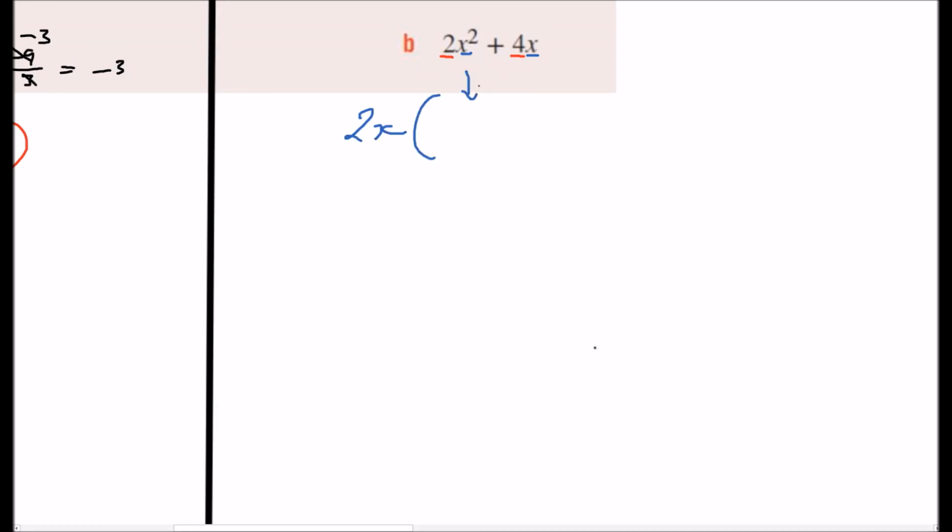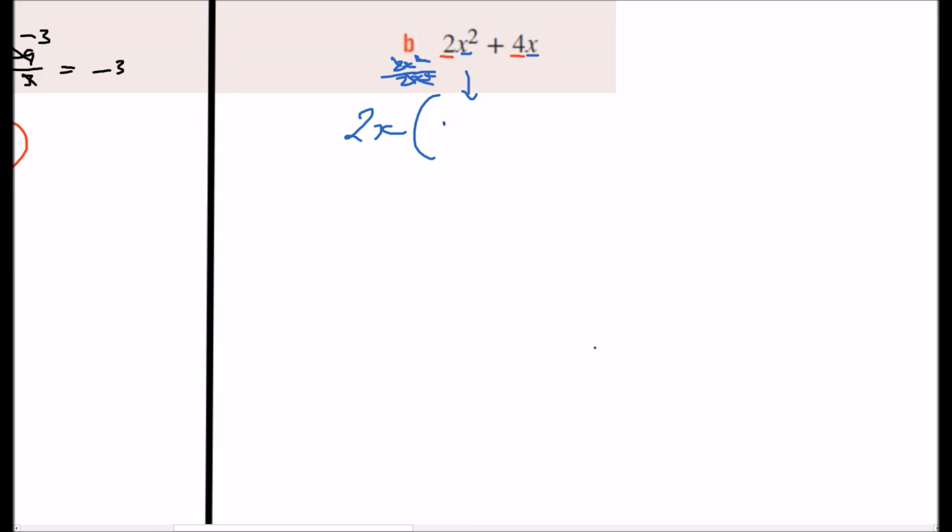So 2x squared divided by 2x. Basically the 2s cancel out, and then the x squared divided by x, so you're just left with x.